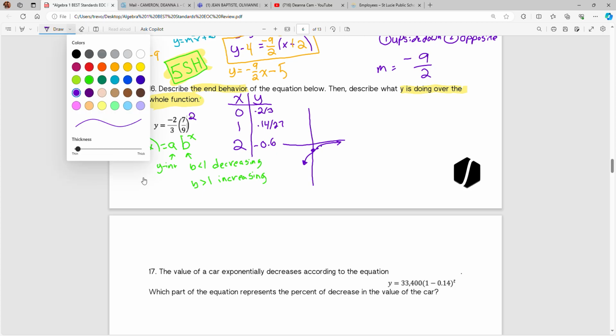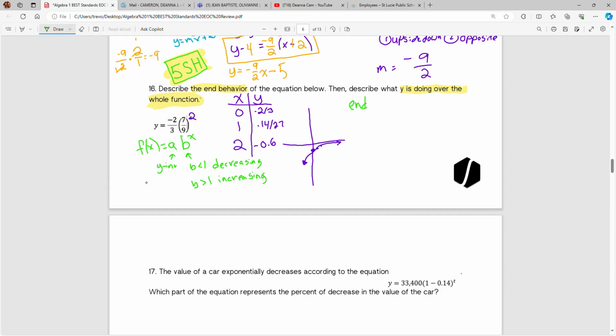So the end behavior, while x is heading towards negative infinity, right? So as we go this way on our graph, as x is heading towards negative infinity, y is heading towards negative infinity.